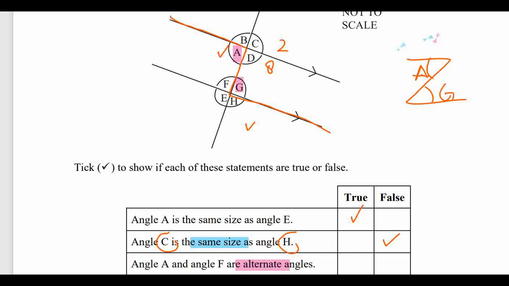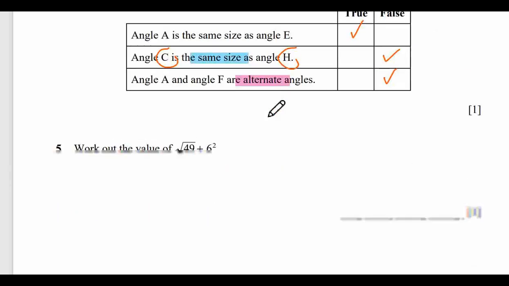So this is A and F, they are not equal. They are interior angles. Let's move on to question number 5.